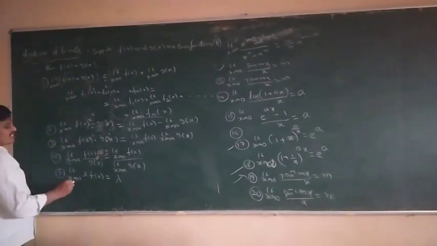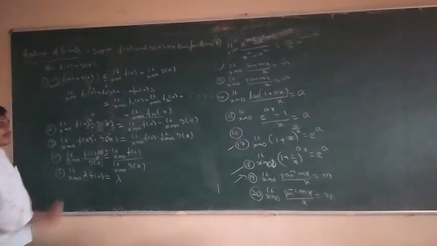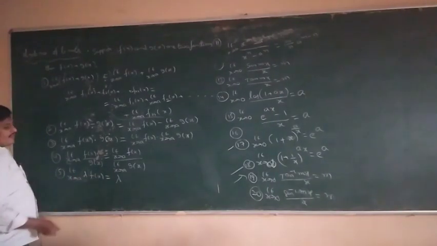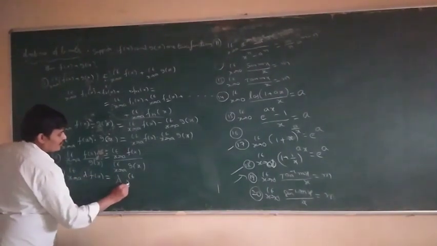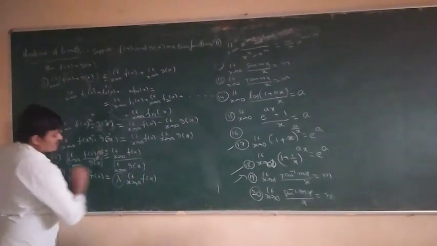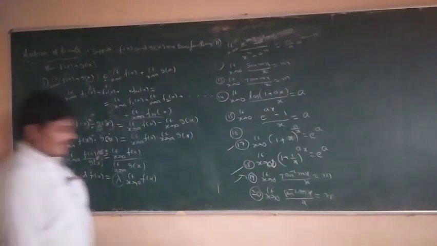So, limit x tends to a lambda into f of x is equal to lambda into limit x tends to a f of x, where lambda is a parameter or constant. These are the properties of limits, or algebra of limits, so many. Okay, next.